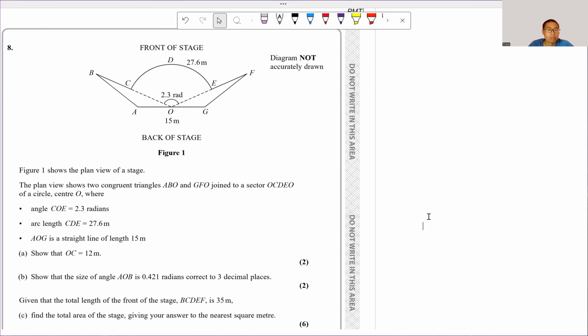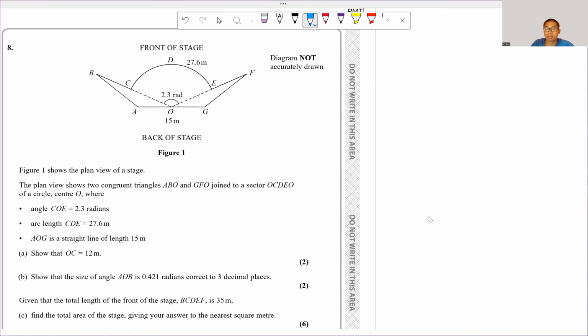And then angle COE is 2.3 radians, and an arc length CDE is 27.6 meters, which is labeled here. And AOG is a straight line, and the length is 15 meters. Show that OC is 12 meters.